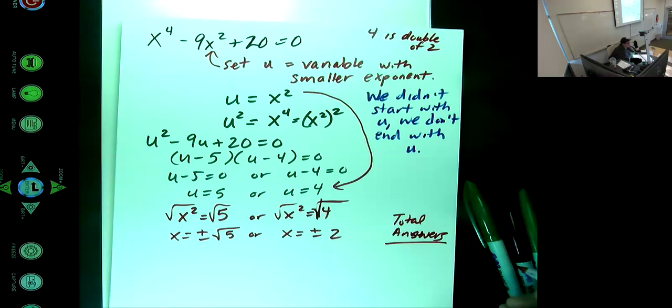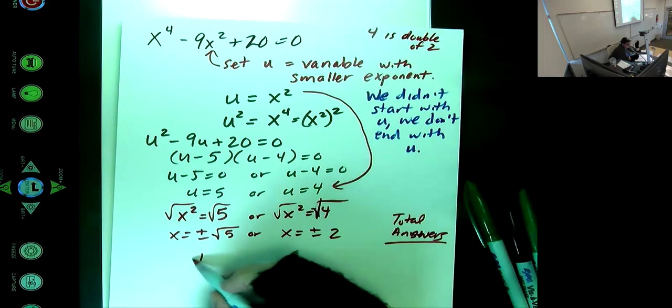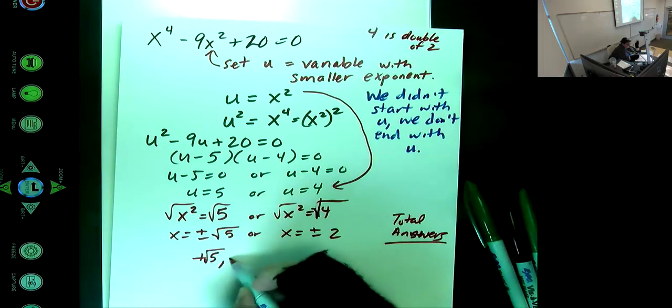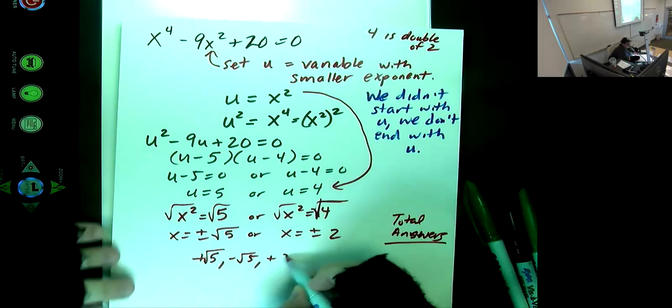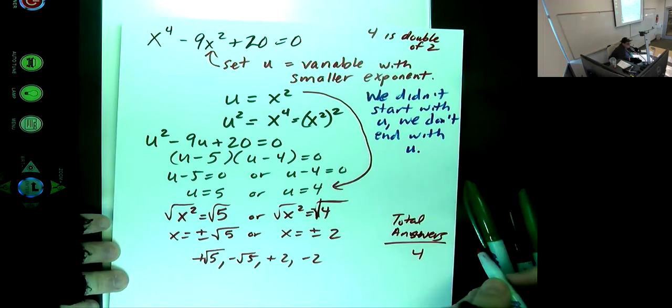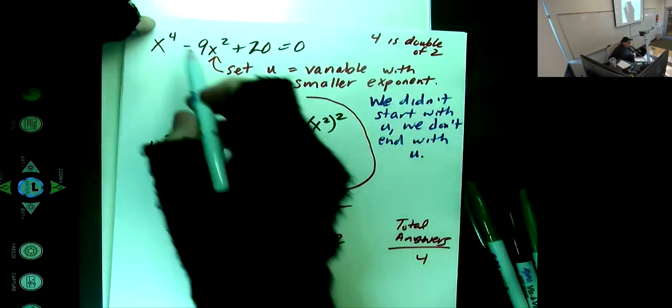There's 4, right? I got positive square root of 5, negative square root of 5, positive 2, negative 2, 4 answers. The exponent was 4.